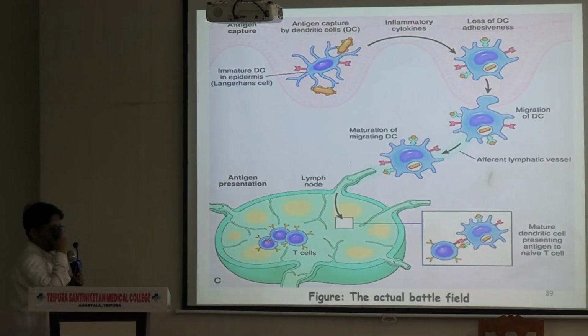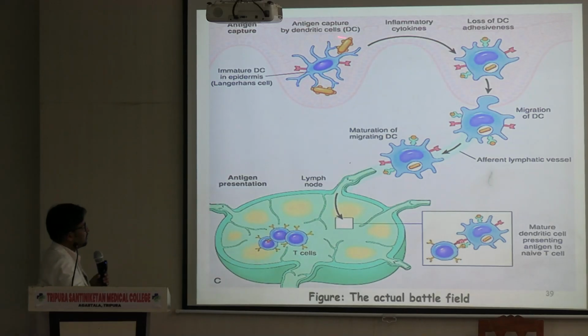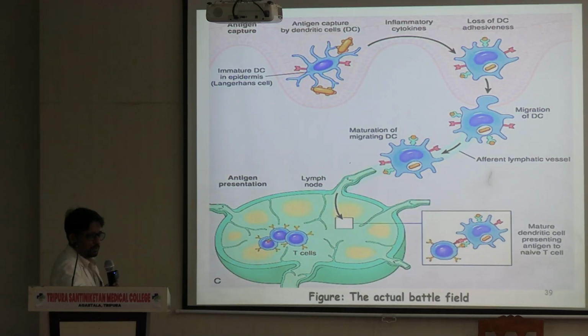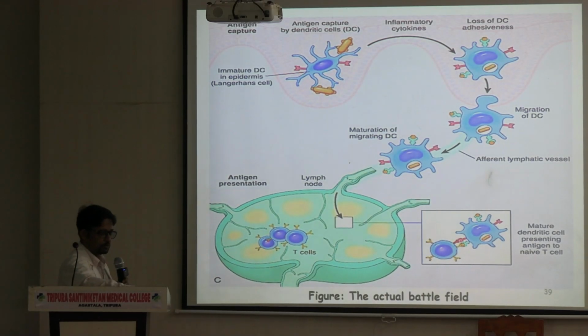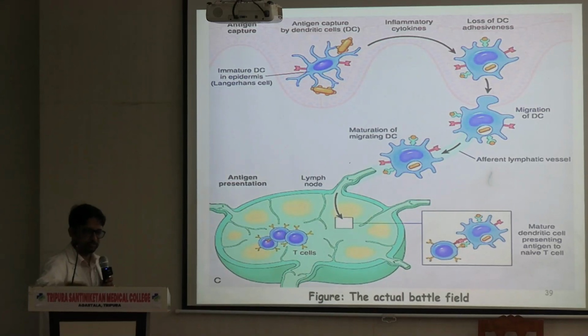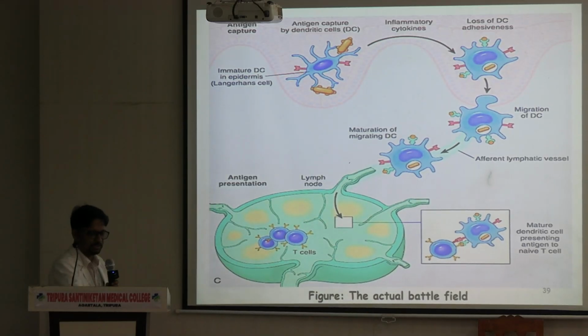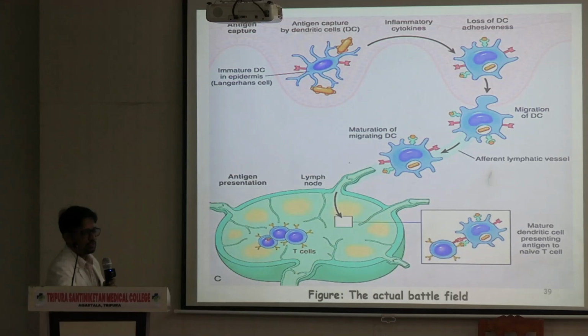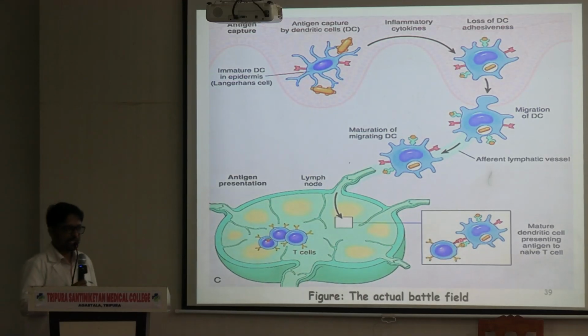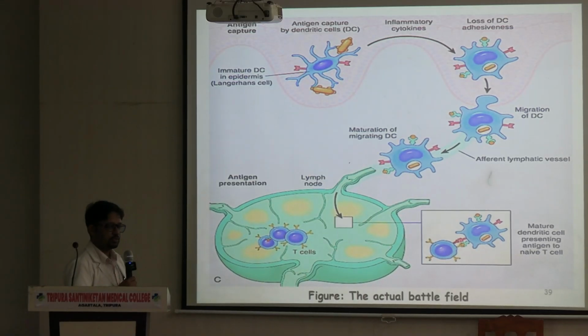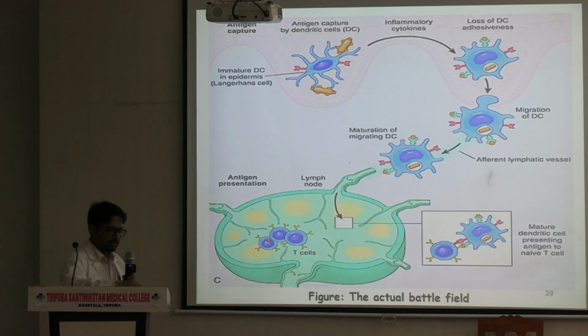Okay, so recall this picture again. When an organism enters, first the innate immune system's players or soldiers are already there. But at the same time it is also conveying the message to the adaptive system. How is that happening?